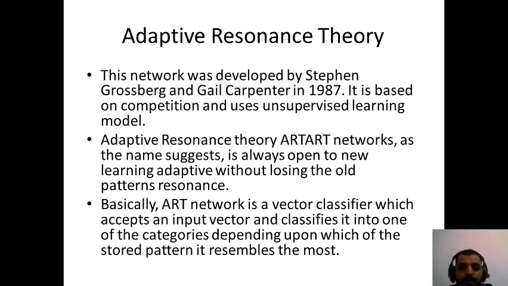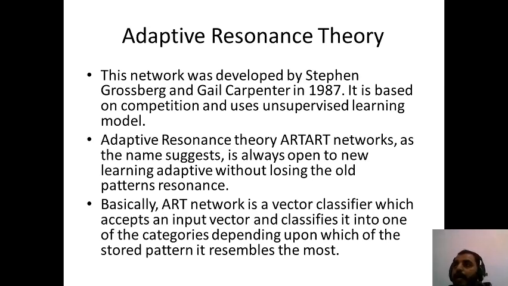What is adaptive resonance theory? This network was developed by Stephen Grossberg and Gail Carpenter in 1987. It is based on competition and uses an unsupervised learning model. Adaptive resonance theory networks, as the name suggests, are always open to new learning adaptively without losing the old pattern resonance.